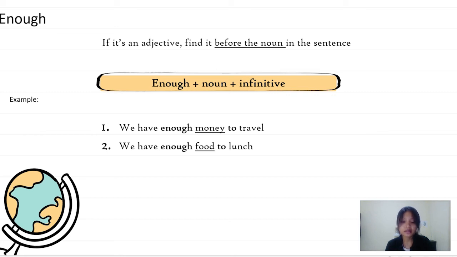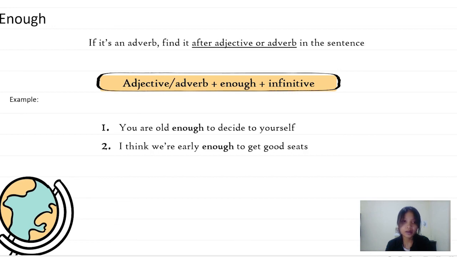In the sentences, our nouns are money and food. Notice that enough comes before nouns. Therefore, enough here is an adjective. It modifies the nouns money and food. If it is an adverb, we can find it after an adjective or adverb in the sentence.